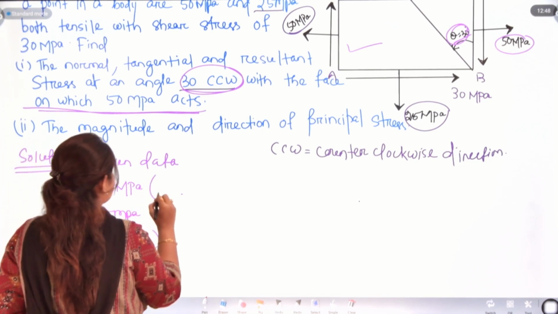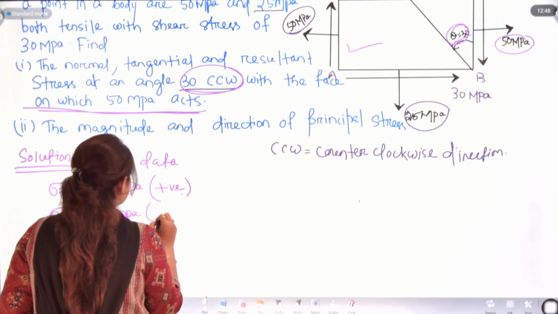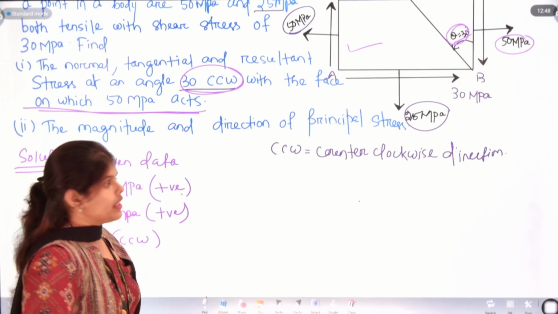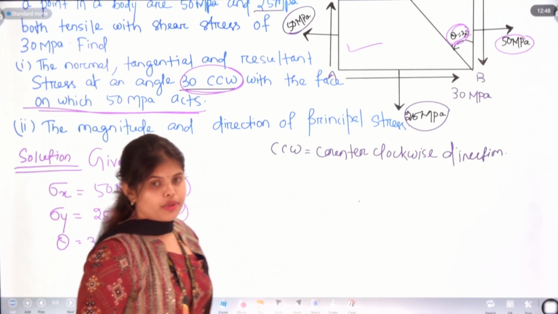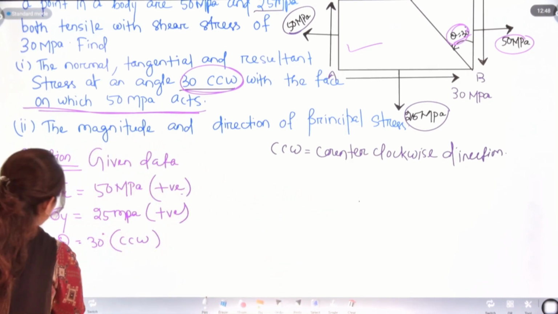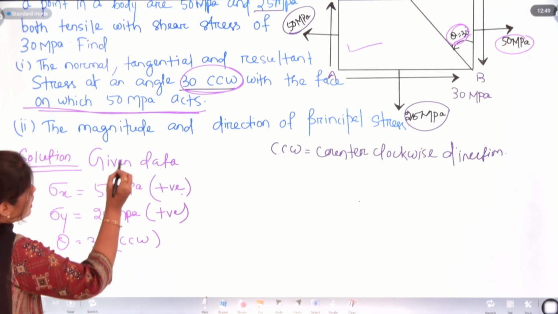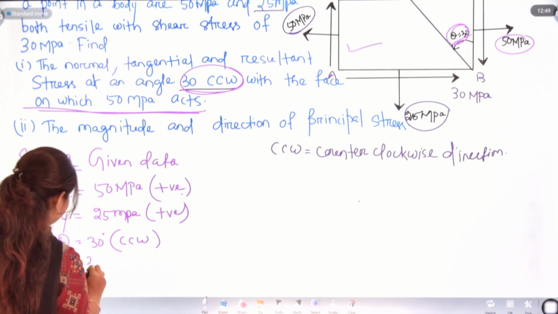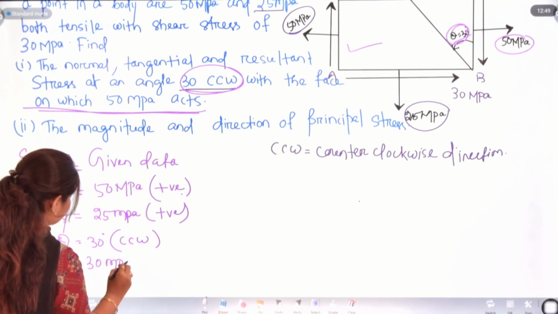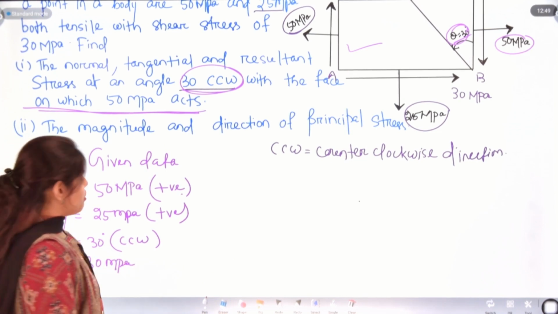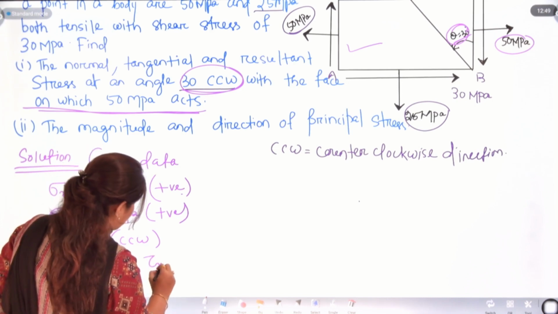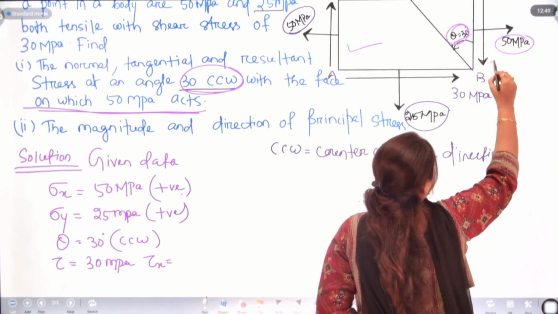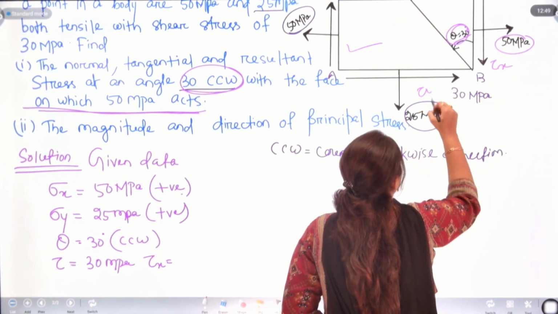This is your positive case, tensile stress is present. If stress is compressive, then the diagram will be a little bit different. Next, tau is given. Tau is your shear stress, that is 30 megapascal. You can write tau x and tau y.